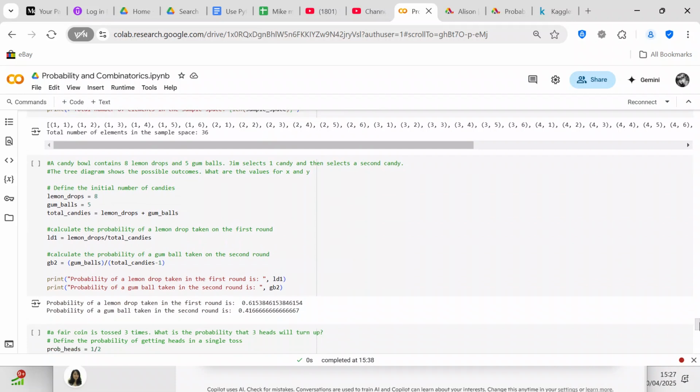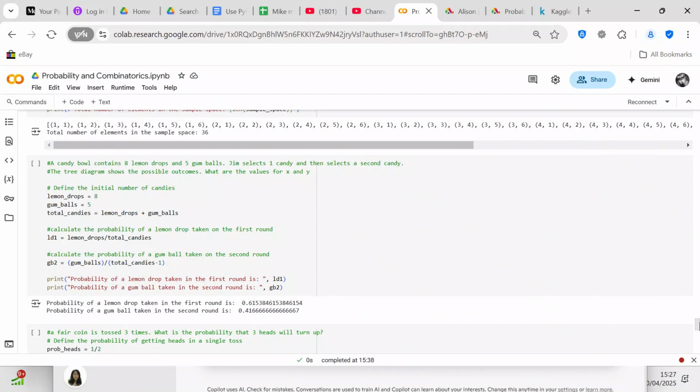I'll tell you what the values are: X was the first lemon drop, and Y was the second gumball. How you do that is you define lemon drops equals 8 because you had 8 lemon drops, gumballs equals 5 because you had 5 gumballs, and total candies equals lemon drops plus gumballs, which equals 13.